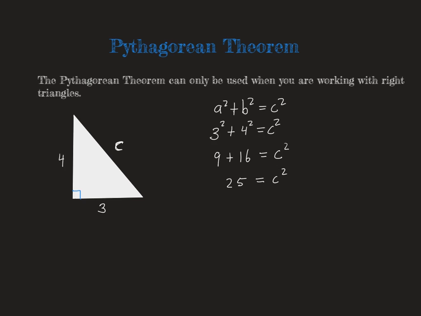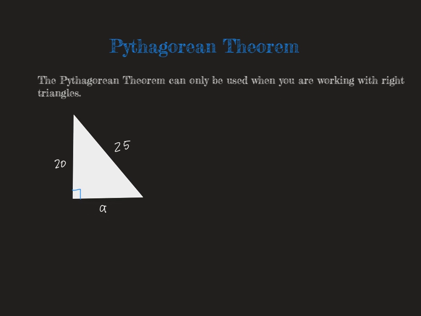So to get rid of that exponent, you're going to find the square root. And if you do it to one side, you must do it to the other. So the square root and the exponent are going to cancel, and the square root of 25 is going to be 5. So c is equal to 5.